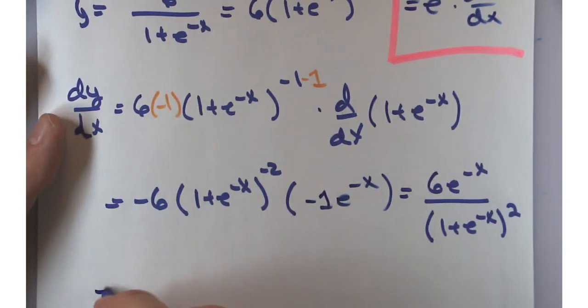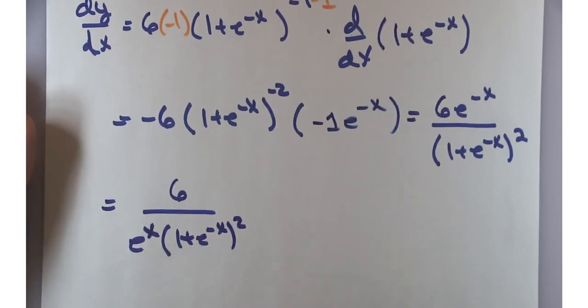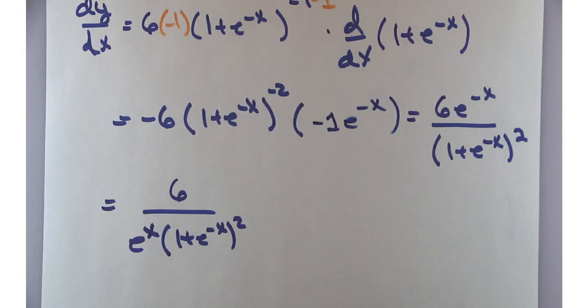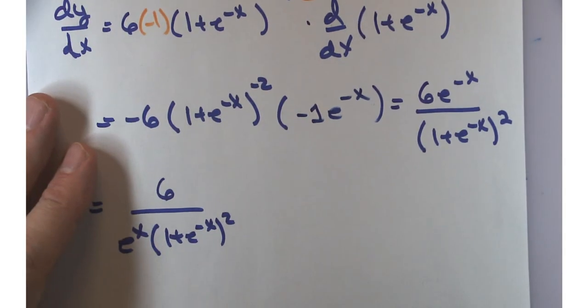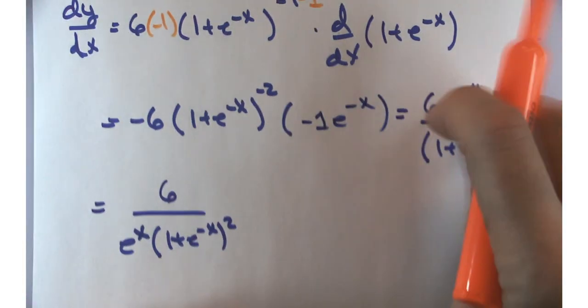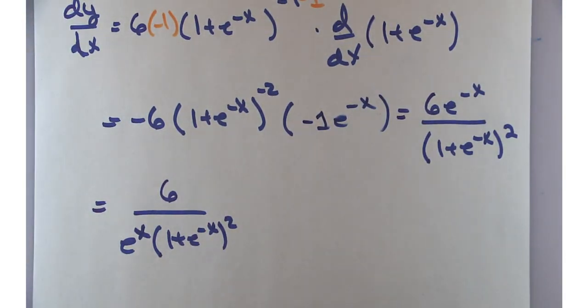You could bring this down to the denominator and write it as 6 e to the x times 1 plus e to the negative x squared. But if you wanted to get rid of that e to the negative x completely, you'd have to square this out and then do a lot more work. So I'd probably leave it like this. To me, it's not worth the extra work. You could do it. I just don't really see the benefit, but I appreciate the question. So a good final form would either be this one here or this one here. Both of those are good final forms for this answer.